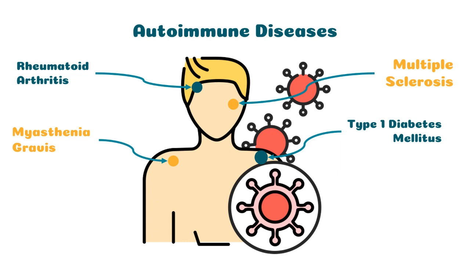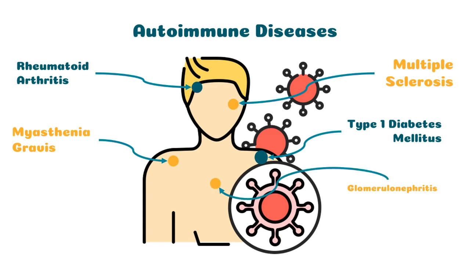We have multiple sclerosis, in which the myelin sheath that surrounds the axons gets destroyed. And we have type 1 diabetes, caused by the destruction of pancreatic beta cells, which are mainly responsible for the production of insulin.